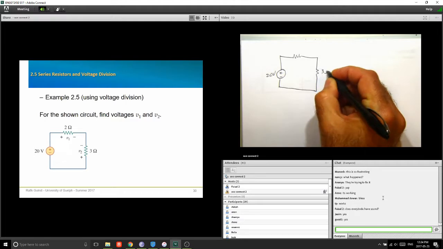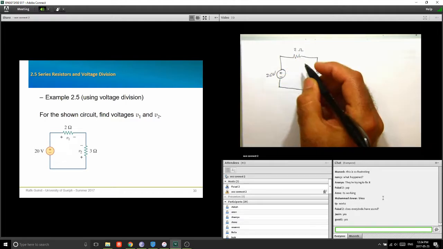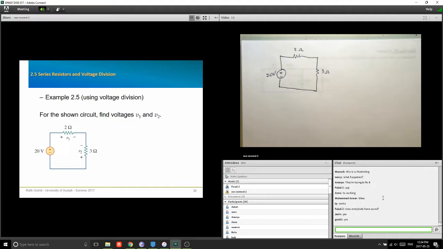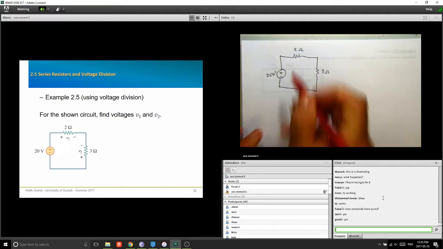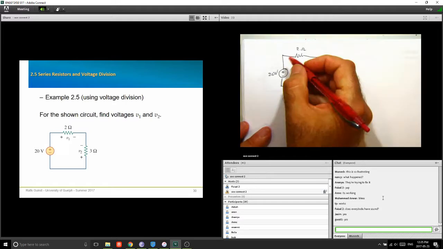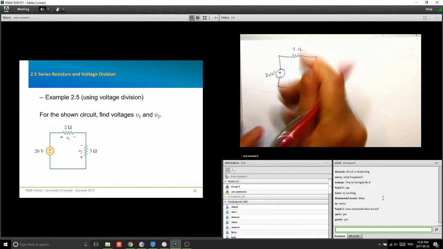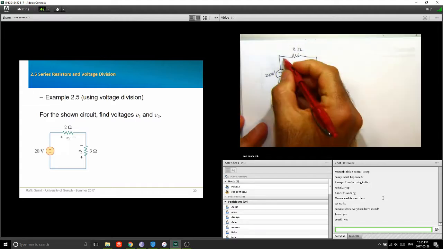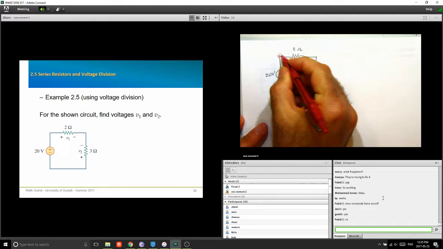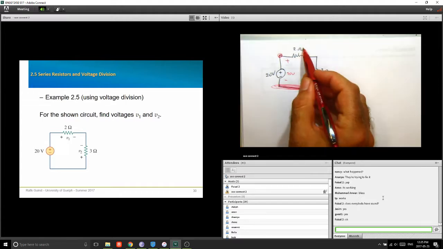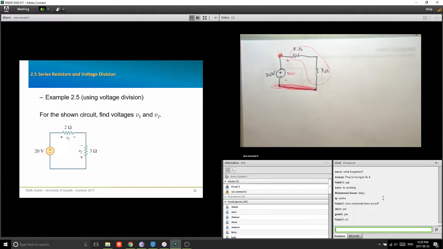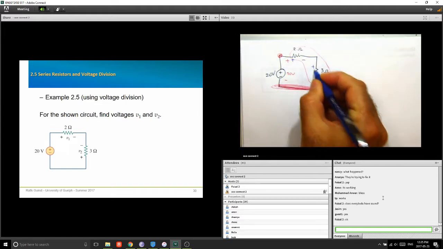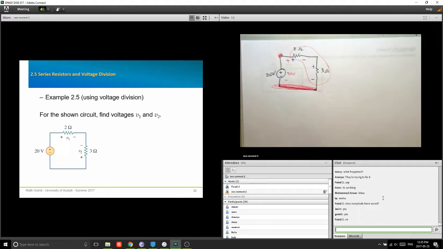So I have here a 3 ohm, 2 ohm. What does it tell me? The voltage divider rule says if I have a voltage like that across these two resistors in series, I can automatically find this voltage and this voltage, and please notice the polarity.